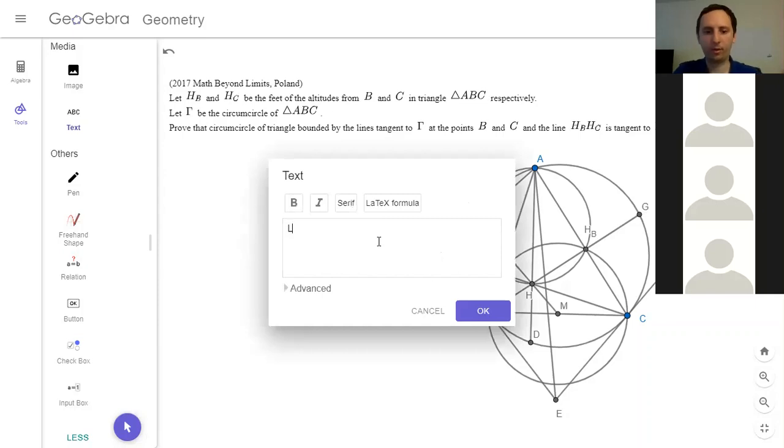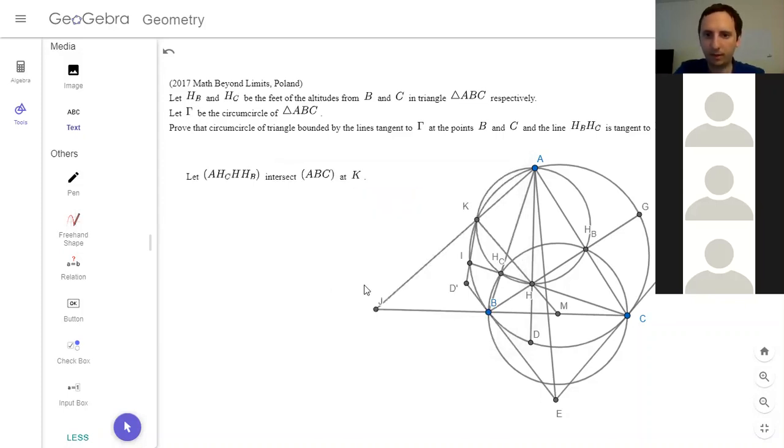First I'll define, so let the circle A, HC, HB intersect the circle ABC at K. And let KI, so I is not in the problem.